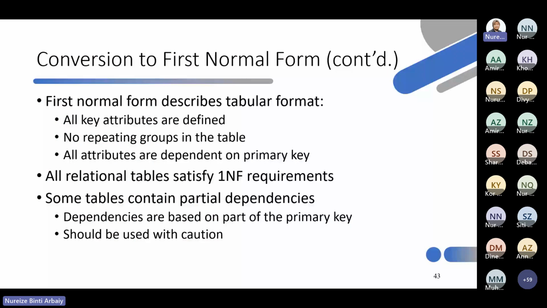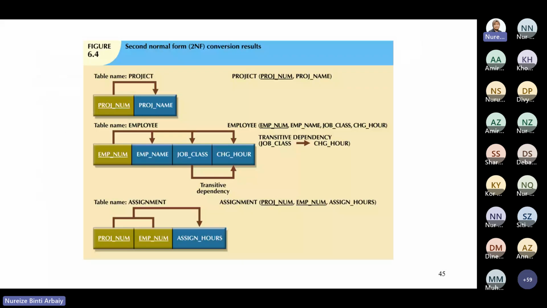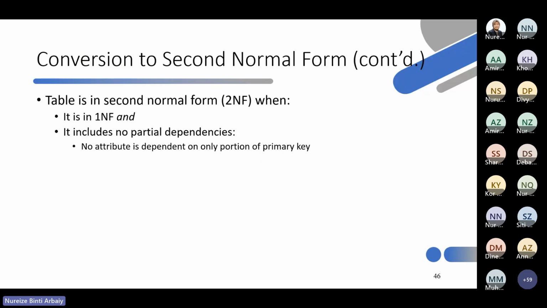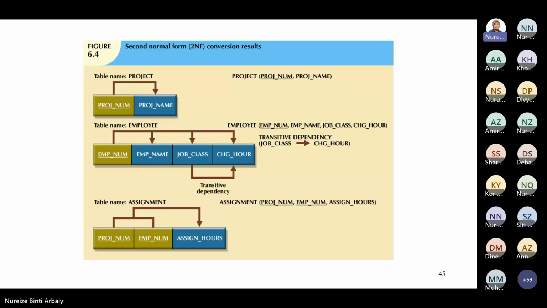So how do they write it? It is like this. This part, job class, transitive dependency. In this case, it looks like they do not care very much about the charge hour, even though the job class is used to identify the charge hour.